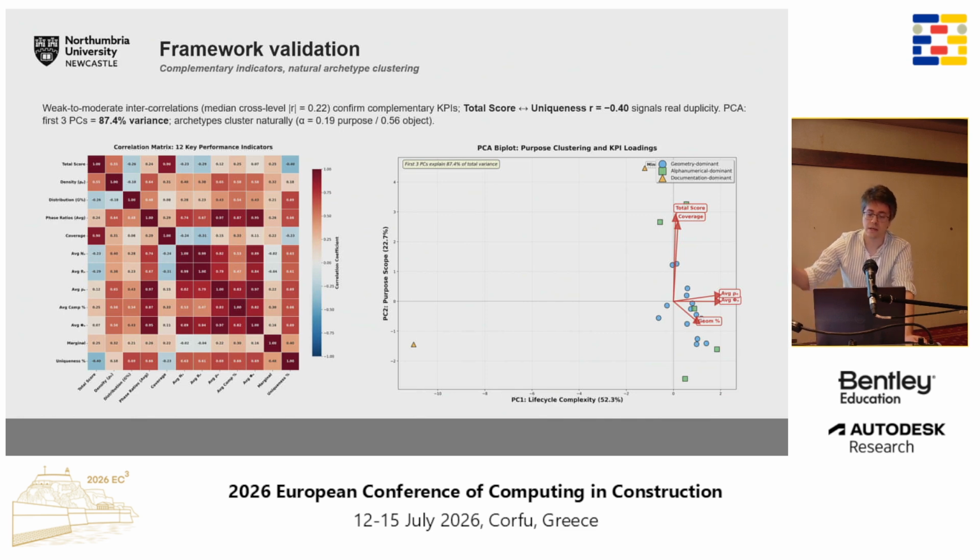On the other side, we have principal component analysis, which identified basically that the 3 archetypes that we were talking about, so the geometry dominant purposes, the alphanumerical dominant purposes, and the documentation dominant purposes, are actually independent. So that means that we really have 3 different archetypes, and it's very clear that it's the case.